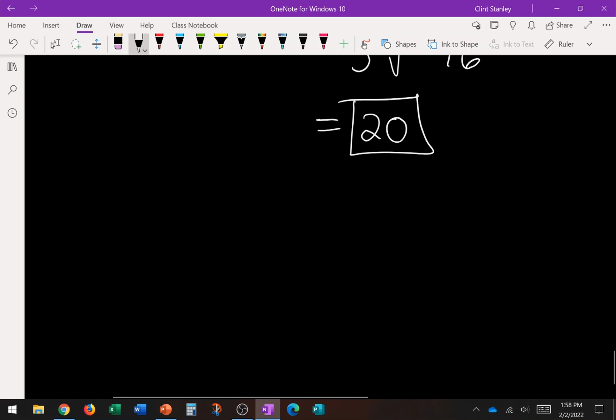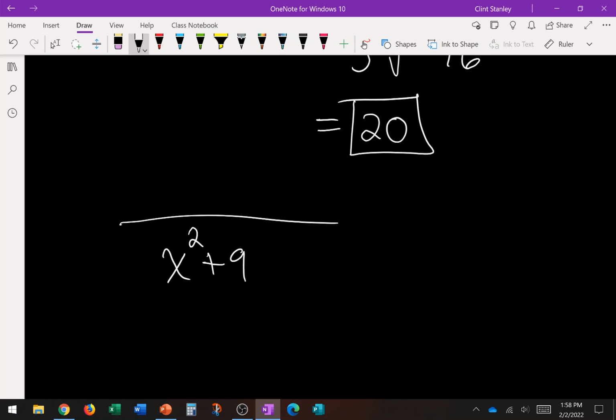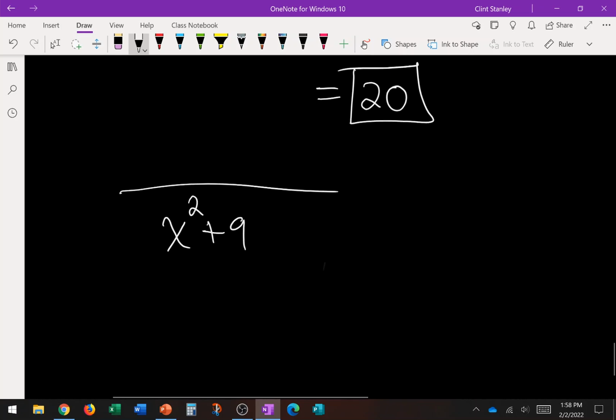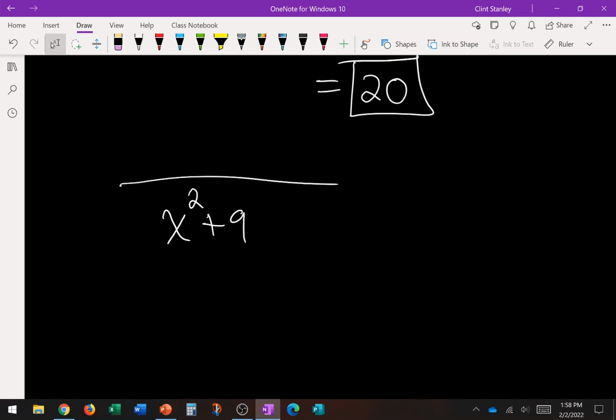We want to know if that's going to cause us any trouble. We've got something over x squared plus 9. So is there any real number that would make x squared plus 9 equal 0? No. You could set it equal to 0 and solve.